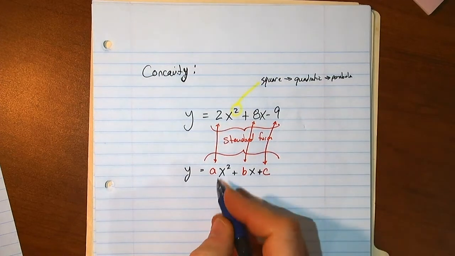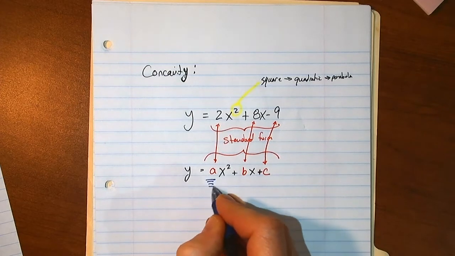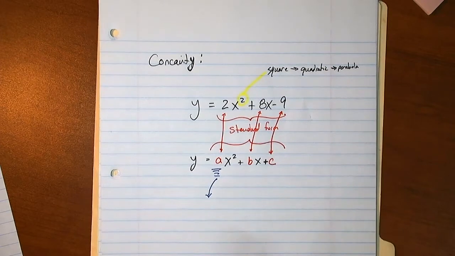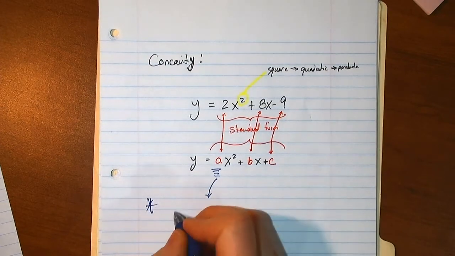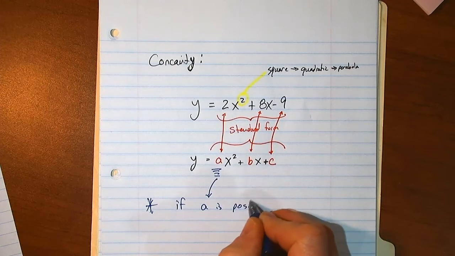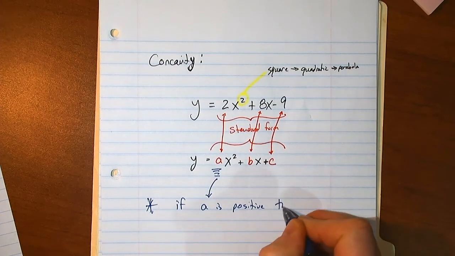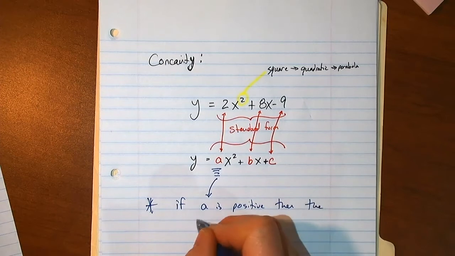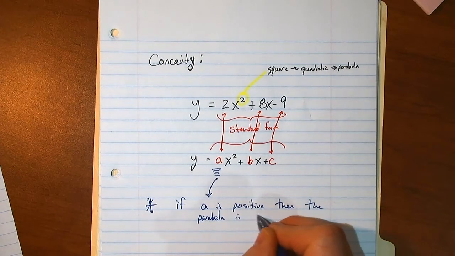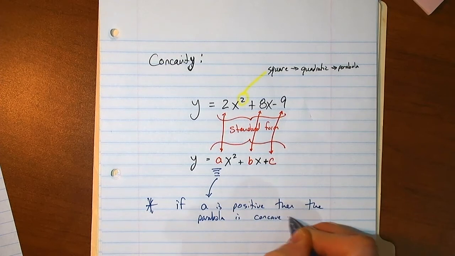And concavity is just a simple test based on the value of a. Actually, not even on its value, based on the sign of a. So here's our test. If a is positive, then the parabola is concave up.